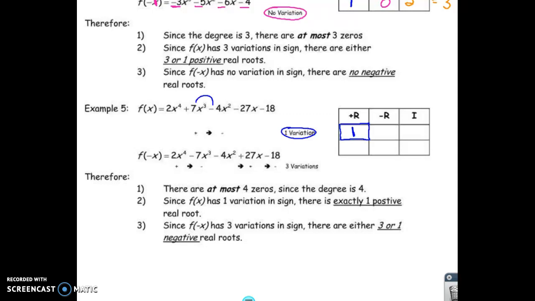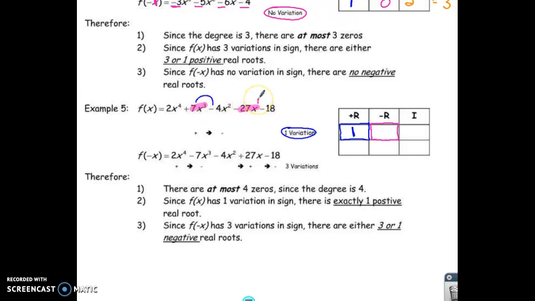Okay, now for our next negative roots, anything that would cross the x-axis to the left of the y-axis would be negative roots. We only change those that have an odd exponent. This guy's going to get changed, and this guy's going to get changed because that is a power of a 1.